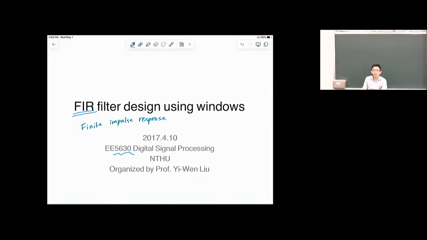Okay, that means that your h of n, the result of your design, that impulse response will be non-zero only for finitely many samples. The response will not last forever. Okay, finite impulse response. That's what it means.